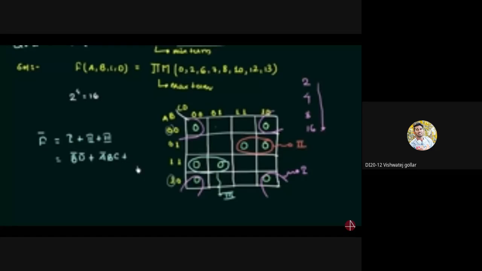Similarly for the third group, we have A, B, C bar, and this is for F complement. Now we want F, so we will use De Morgan's law. We will complement both sides, and you are very good at complementing things, so I'm going to write this directly. It is B or D, and A or B complement or C complement, and A complement or B complement or C. Okay, so this is your answer.